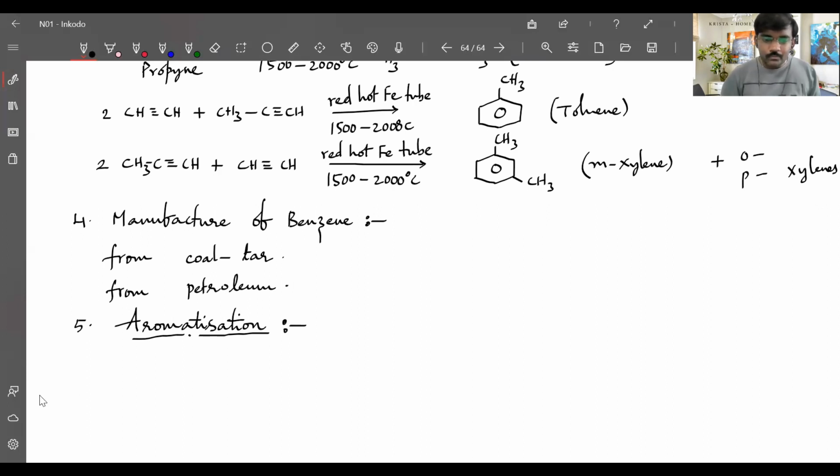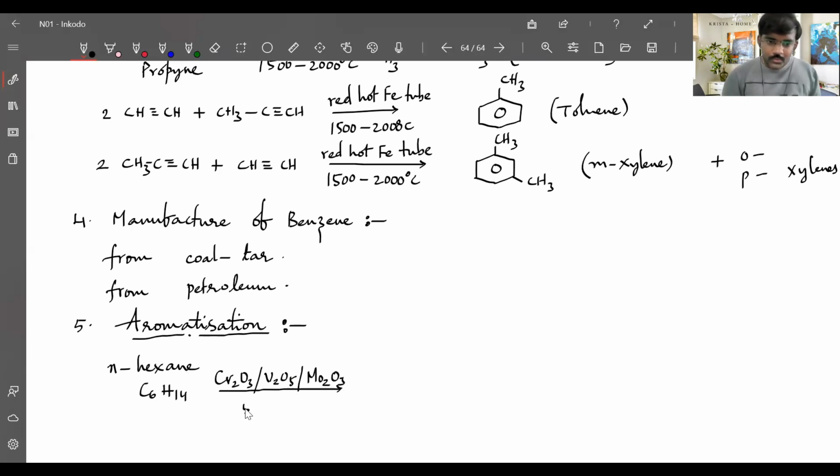So that process we can do. Let us say normal hexane, C6H14, I pass through heavy metal oxides kept at higher temperatures, like chromium oxide, vanadium pentoxide, or molybdenum oxide, any one of these.